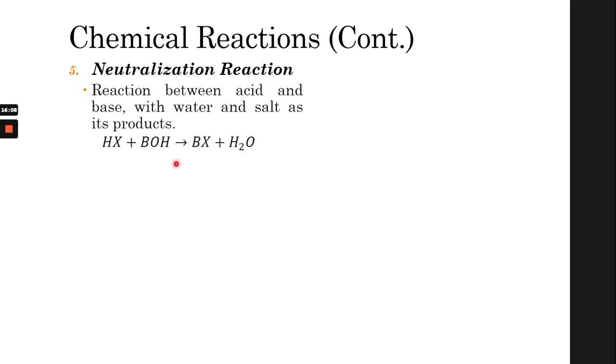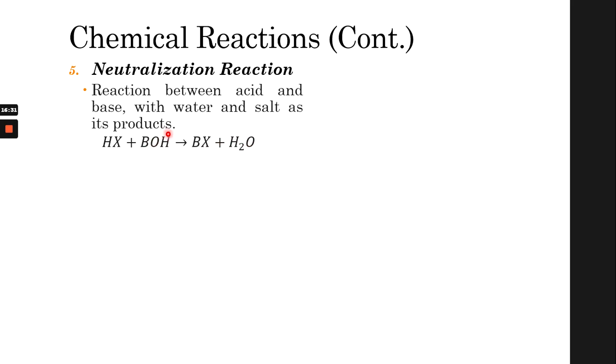This is the chemical equation that we usually use for a neutralization reaction. HX is always your acid because acids always have H, and bases most of the time have an OH, or hydroxide. Then you create your BX, which is your salt, and then you have your H2O.